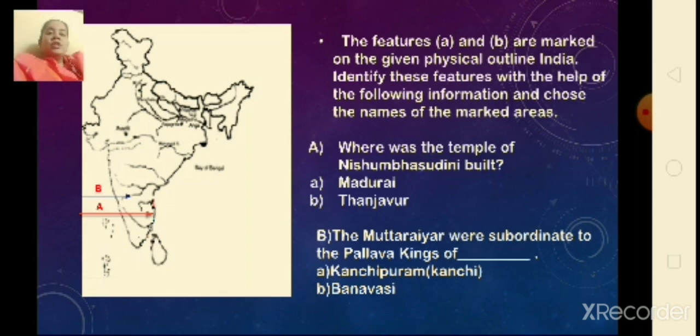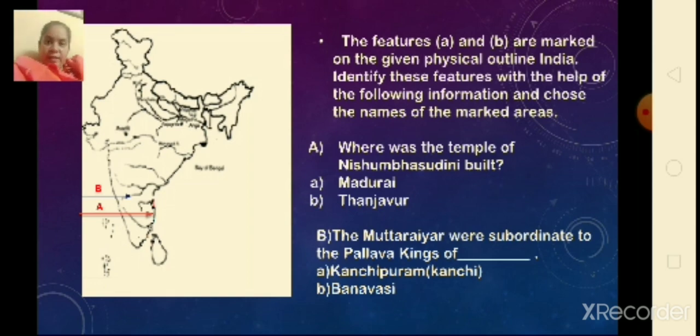The first question, that is question number A, states, where was the temple of Nishumbasudani built? Option 1 is Madurai and option 2 is Thanjavur. So, if I have read the lesson properly, I would know that when we talk about the temple of Nishumbasudani, it is in Thanjavur. Now, in the map, I will check for the arrow which denotes A, and I will compare my answer with the arrow.